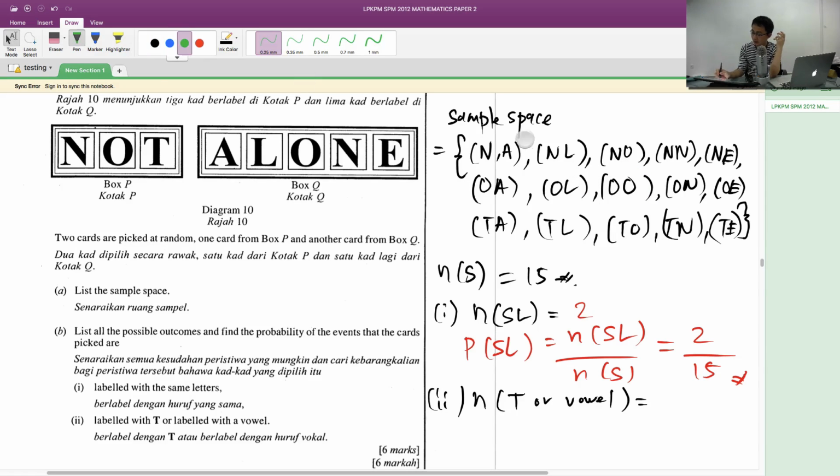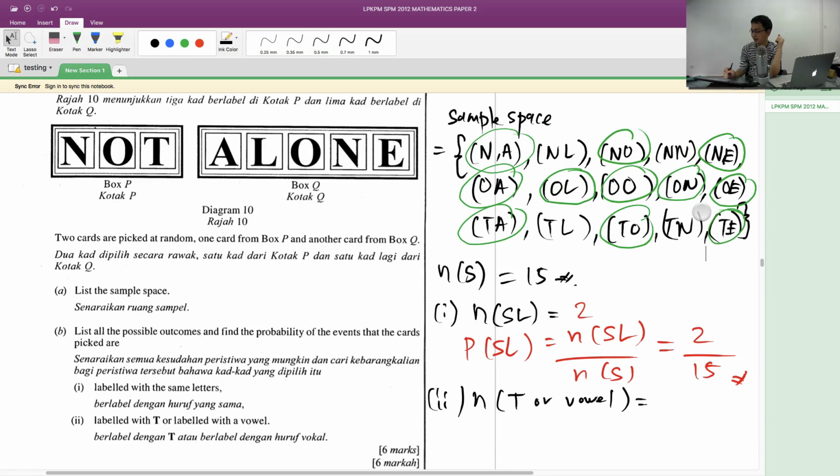This one has a vowel, has a vowel, O is a vowel, has a vowel. Basically almost everything. This is everything I circle.